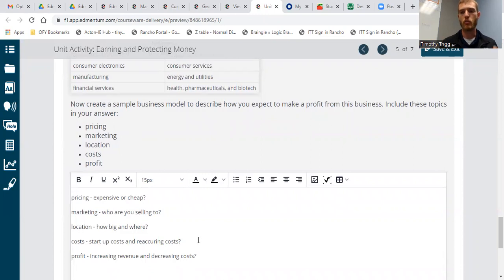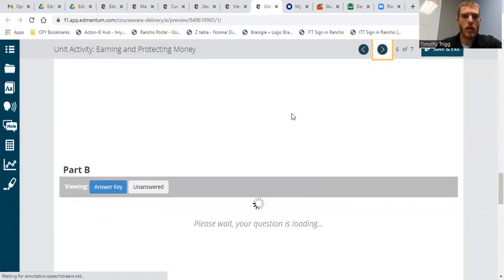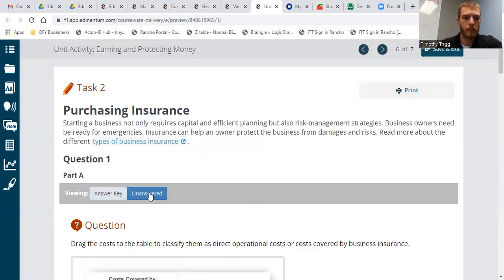You increase your revenue, the money coming in, and you decrease costs. You make sure the amount you pay is low. So those are the type of questions you need to answer. Hopefully I gave you some decent examples and things to think about. All right, once you're done with that, let's move on to the next page.